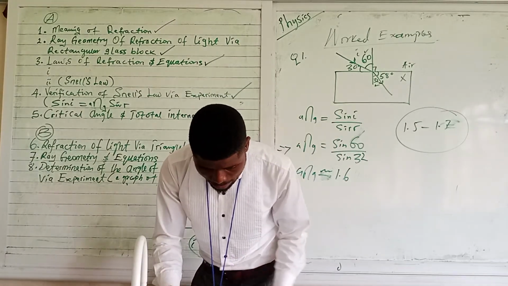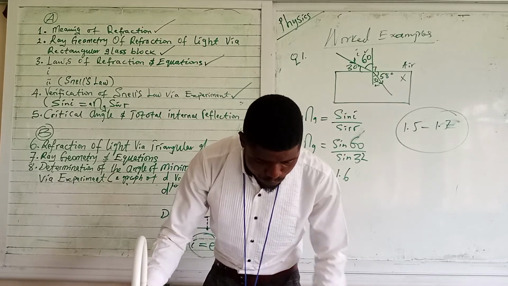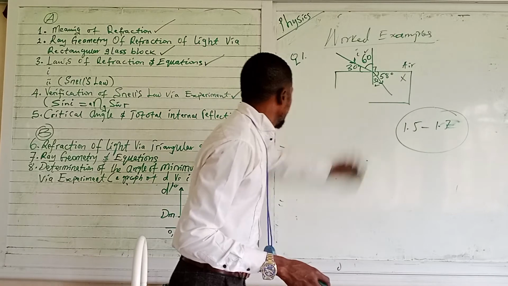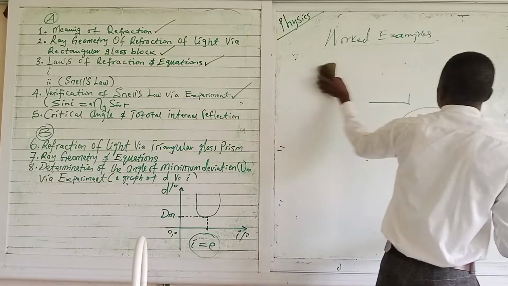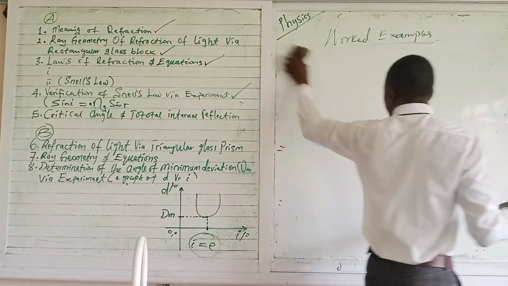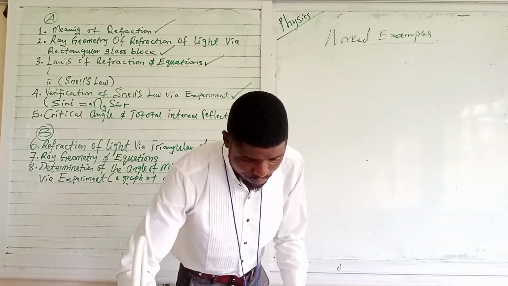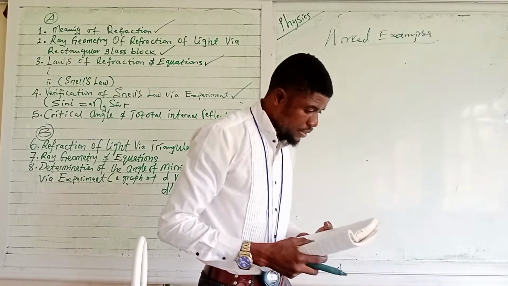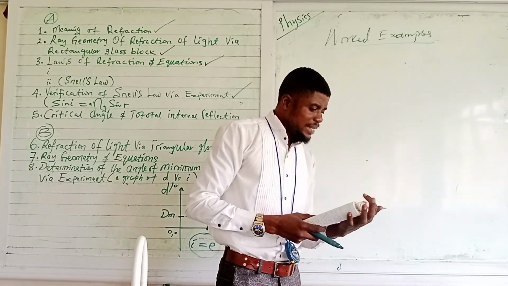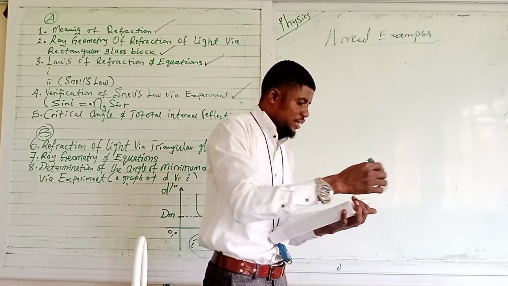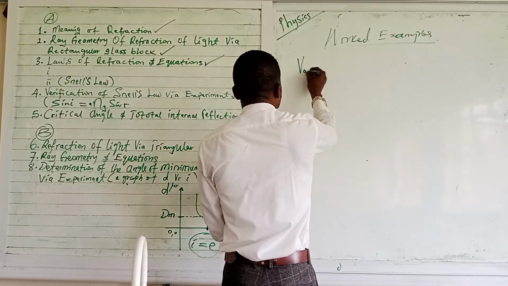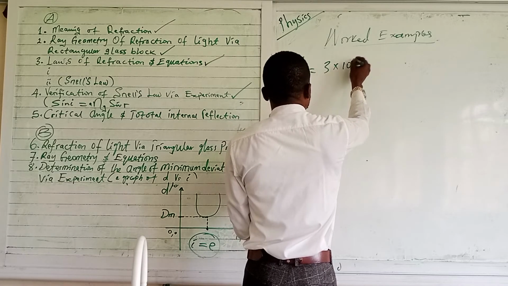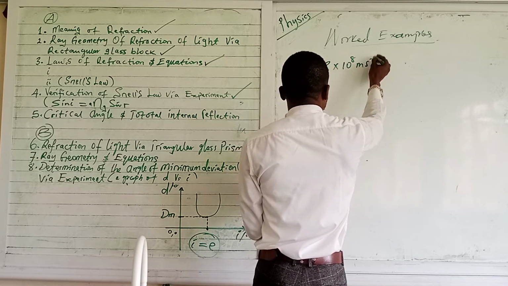Question number 5 from this same book, page 307. The speed of light in air, VA, is 3 times 10 to the power 8 meters per second.